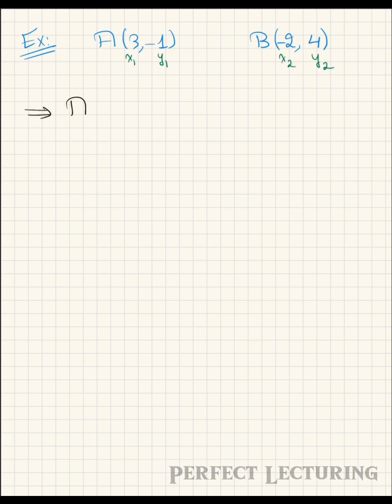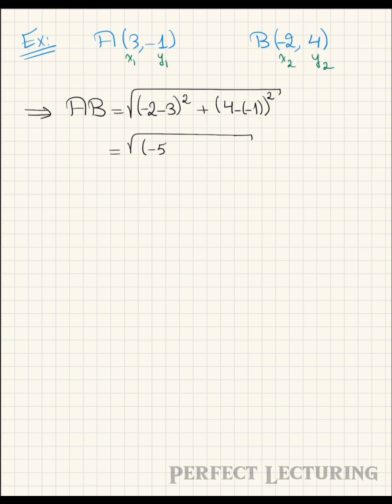Thus, the length of AB, or the distance between the points A and B, is the square root of (x2 minus x1) to the power of 2 plus (y2 minus y1) to the power of 2, so it's (-2 minus 3) to the power of 2, and -2 minus 3 is -5, so (-5) to the power of 2 plus (4 minus -1), that is 4 plus 1, which is 5, to the power of 2, equals 25 plus 25. That is the square root of 50, but 50 is 5 squared times 2. Thus, the final answer is 5 times the square root of 2.